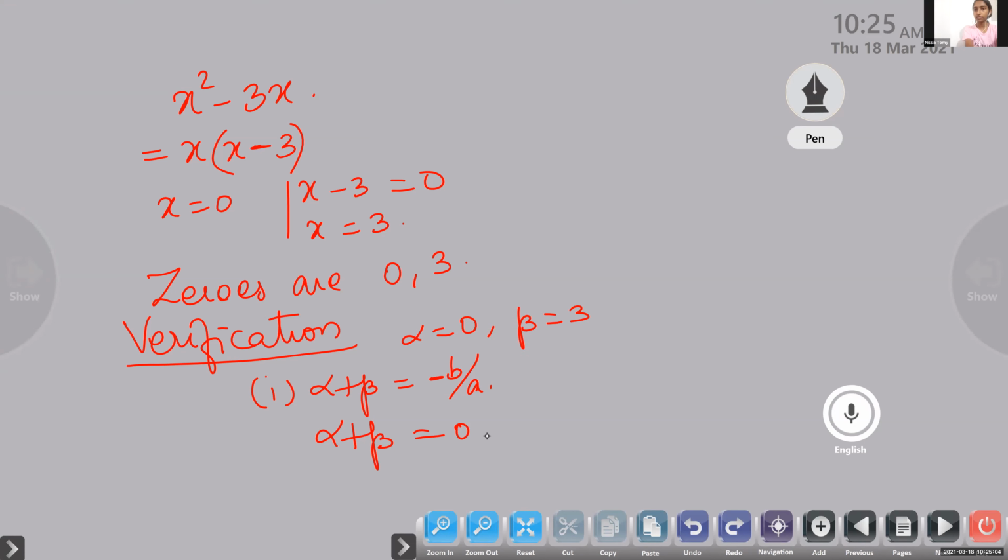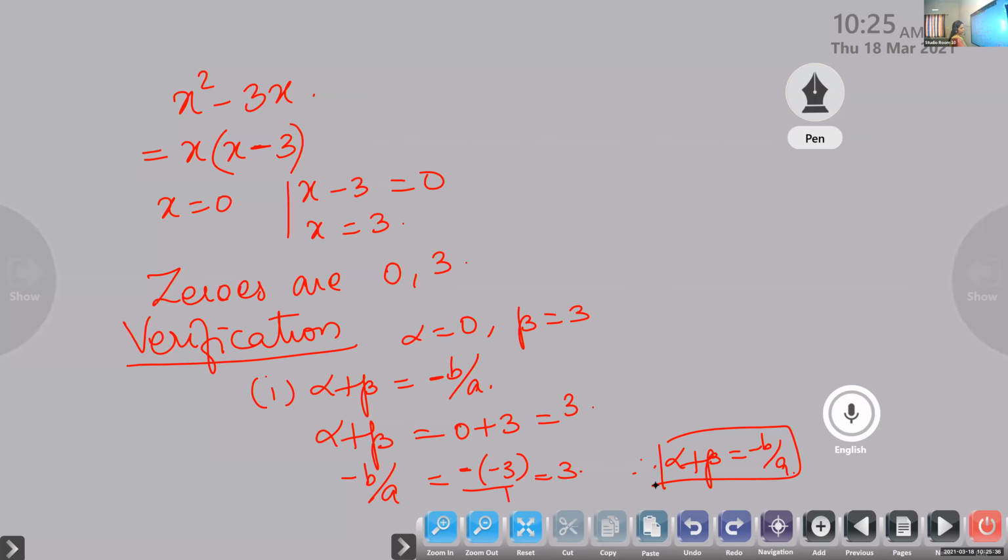So alpha plus beta is 3. And what is minus b by a? Minus of minus 3 by 1, which is 3. Therefore, we get alpha plus beta is equal to minus b by a.